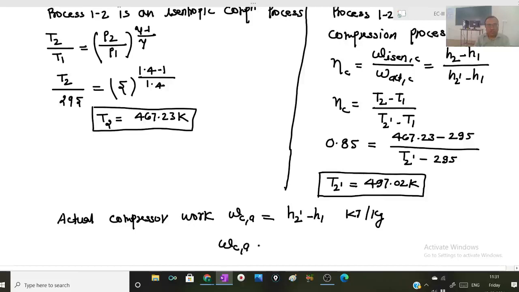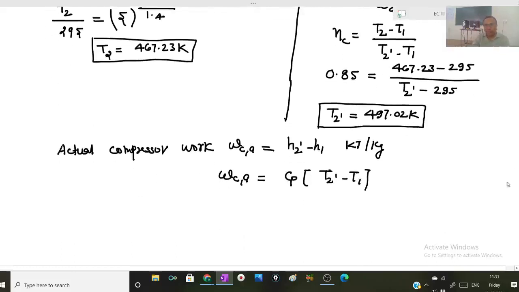Small WC suffix A will be Cp into T2 dash minus T1. Okay. So WCA, I have considered the specific heat of air as 1.005, 497.02 minus 295.